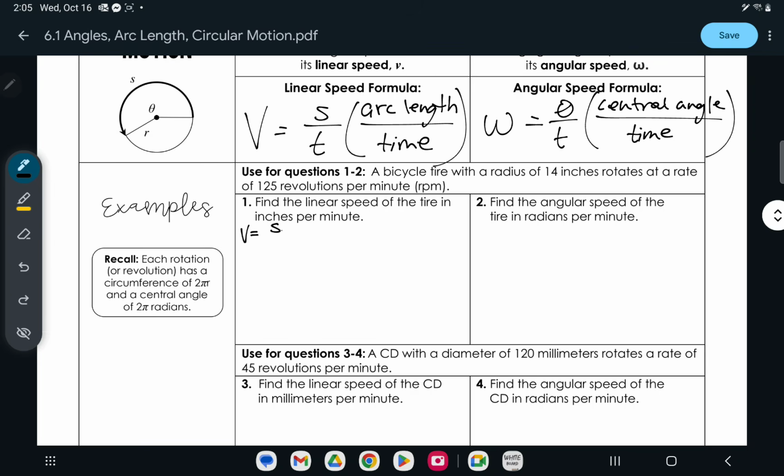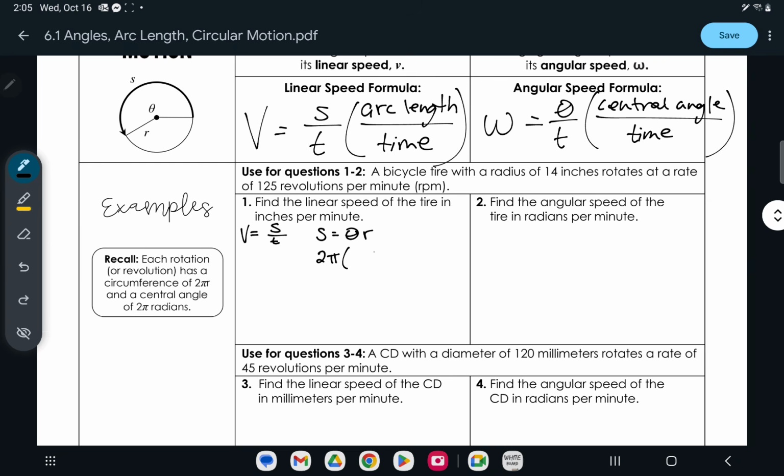So V equals S over T. S is the arc length, so r theta, or theta r, and one rotation is 2 pi.